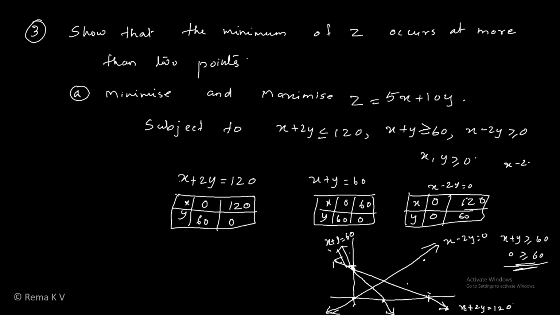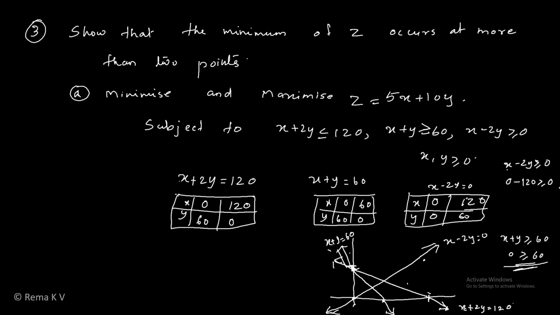See, x minus 2y greater than or equal to 0. If we put 0, 60, then 0 minus 2 into 60 is minus 120, greater than or equal to 0.